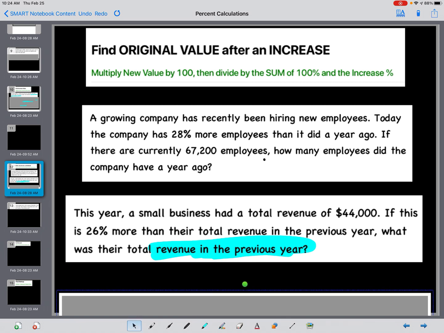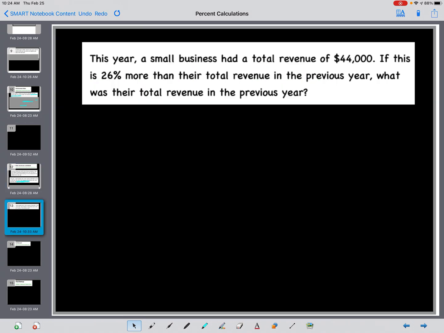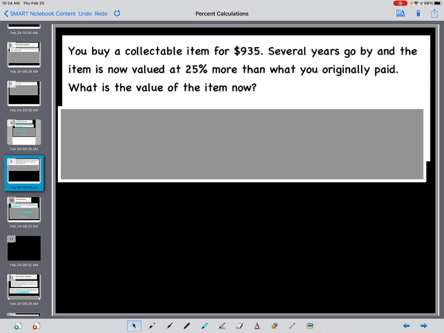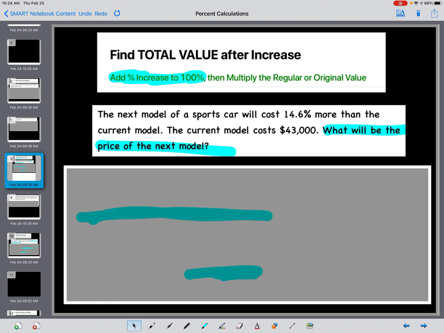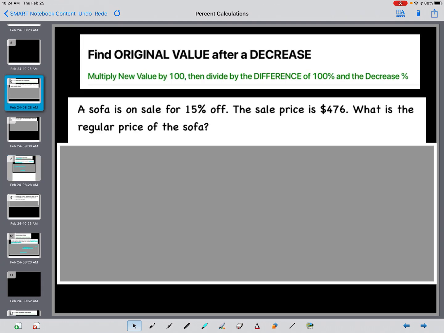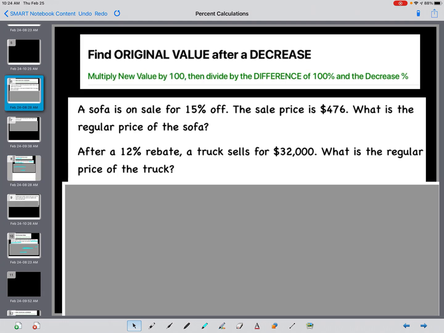Let's take a look at another decrease example where you're finding original value. There's a 12% rebate, and the truck sells for $32,000. What's the regular price? This is the same question. When you're trying to find a regular price after a discount, that's finding original value. So you would use the proportion setup for that type of problem.